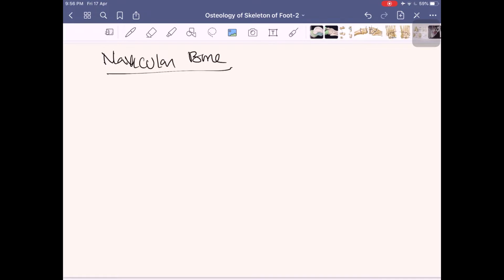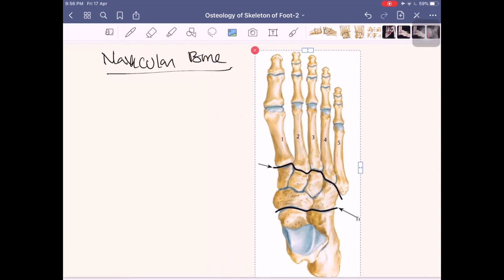So we will start with our navicular bone. Navicular is a bone in the middle row of the tarsal bones.